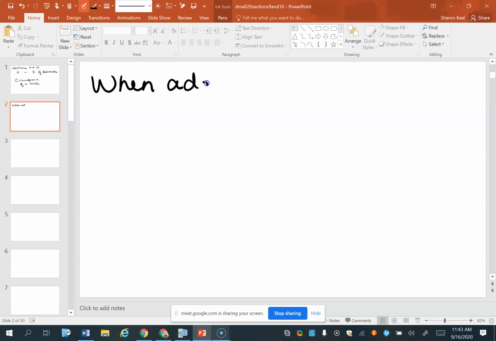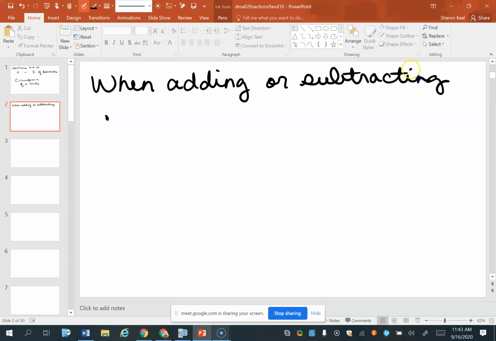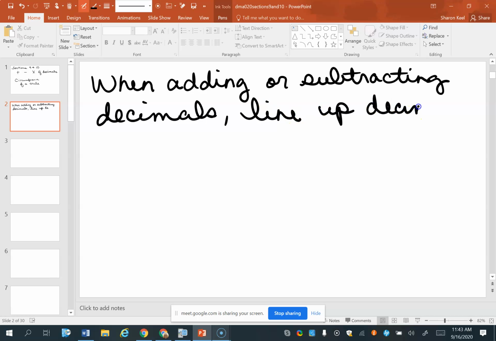when adding or subtracting decimals, it is important to line up the decimal points and place value. Those have to match.